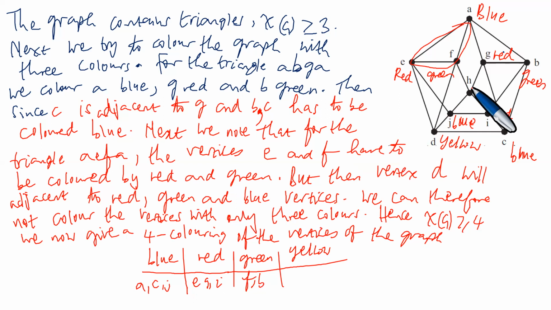If you choose green and red, you are tempted to make this one blue. But obviously, you need to be very careful to do that. Suppose you make H blue. Suppose you make H green. Just a minute.